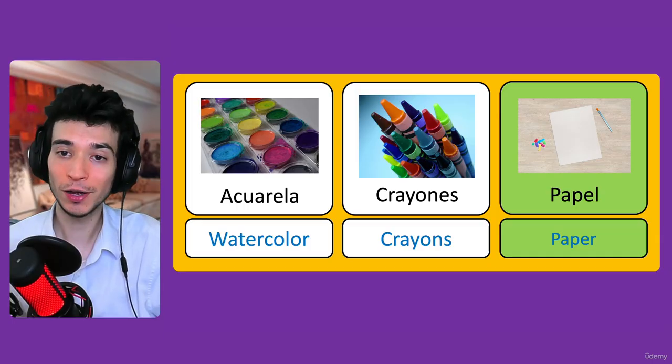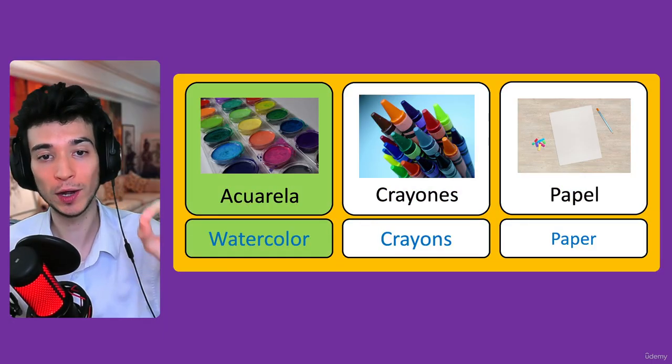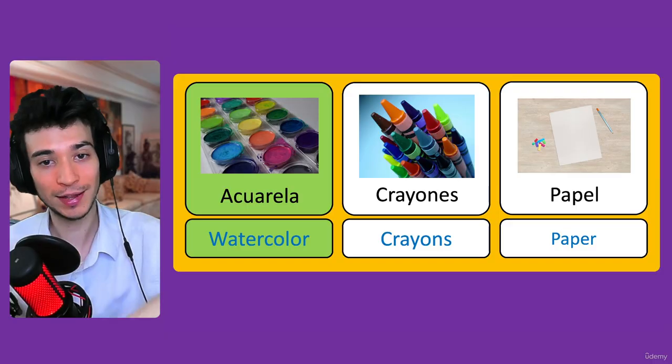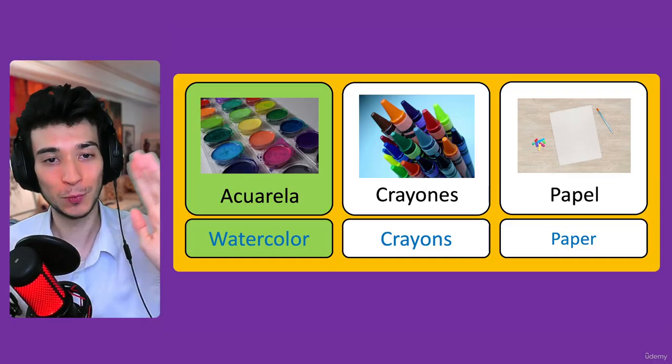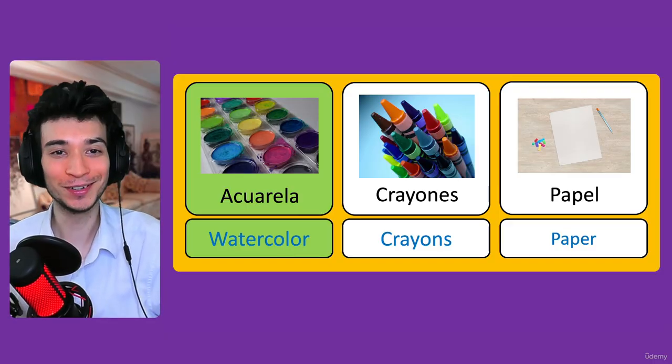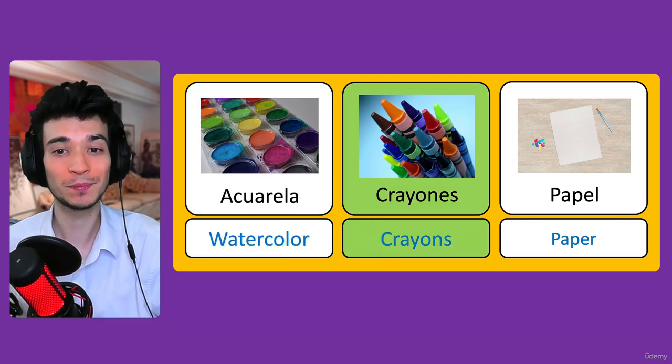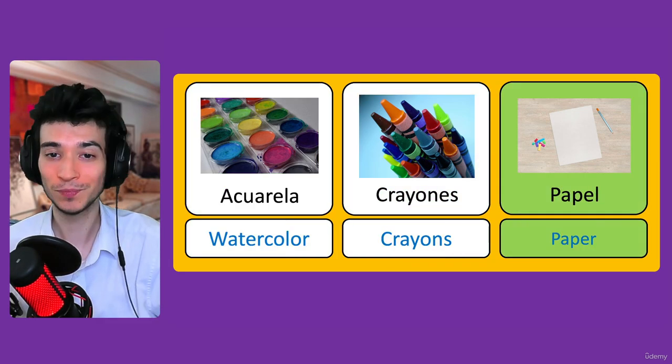So the hardest one here is definitely acuarela, watercolor. Aqua is like water, rela, nothing. Acuarela, so watercolor. And the next one, crayones, crayons, and papel, paper.